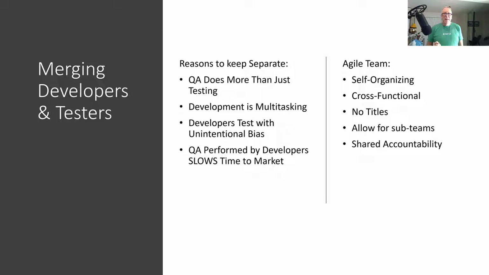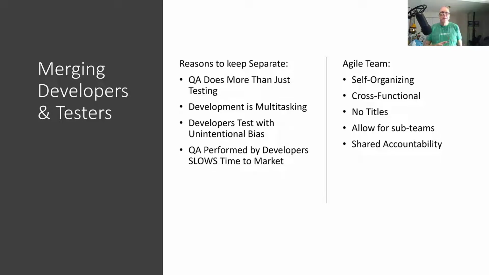QA performed by developers slows time to market. I like to consider myself a developer. And the more QA I'm doing, the less development I'm doing. So in a given amount of time, I can only do so much development because I've got to do so much QA work.